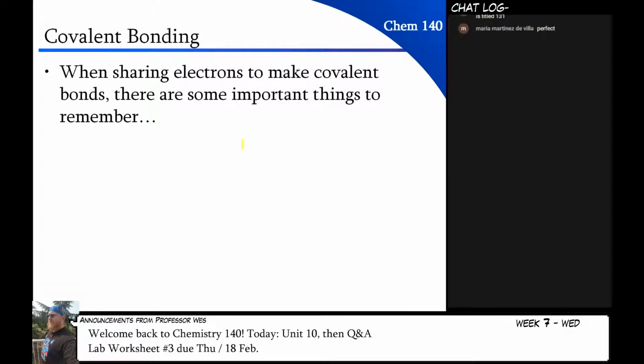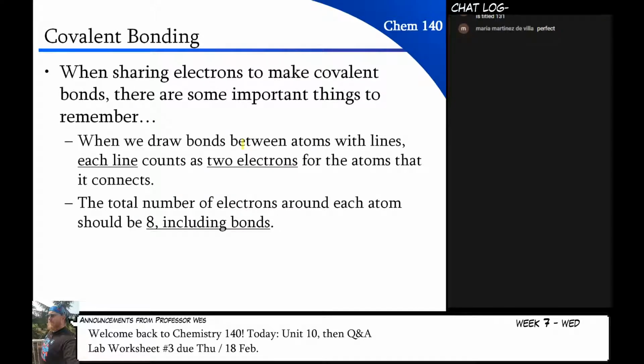Now, when you share your electrons to make your bonds, there are a few important things that you want to note as your goal to make these structures. So the first thing is that every time you draw a line and you're counting all of your electrons around your molecule, the line counts as 2, but it counts as 2 for each atom it connects.